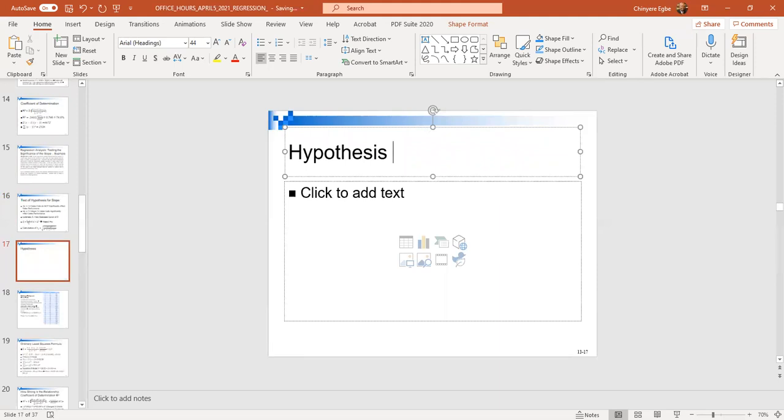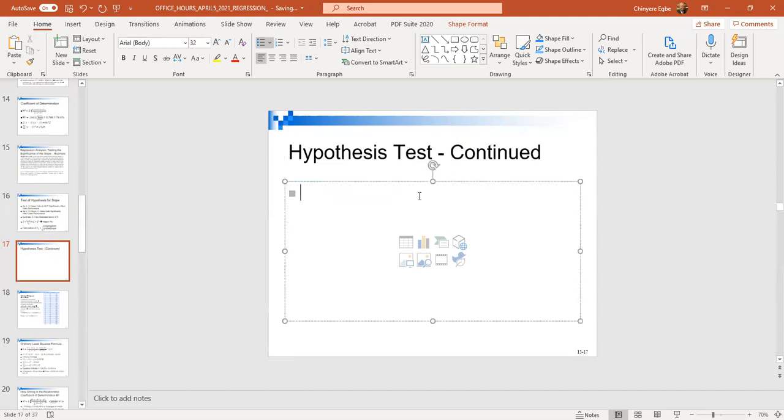Hypothesis test. State the level of significance.